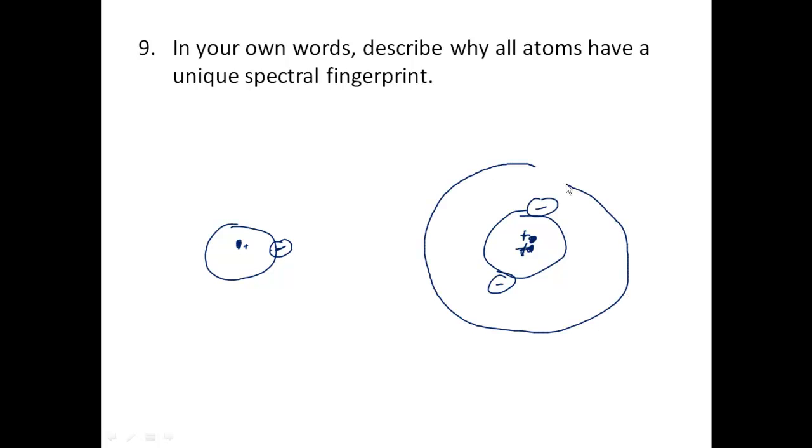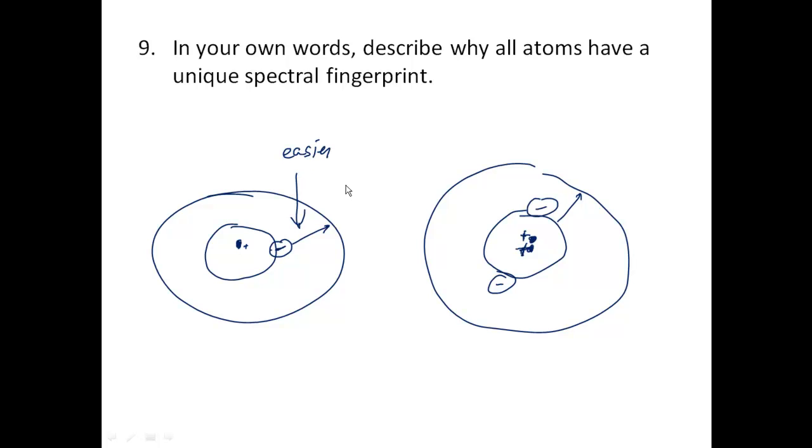So if one of these electrons goes from the first level to the second level, versus this electron going from the first level to the second level, it's easier to move this one, because it's further away from the nucleus, than it is to move this one. So since the one on the left is easier, that means it requires less energy.